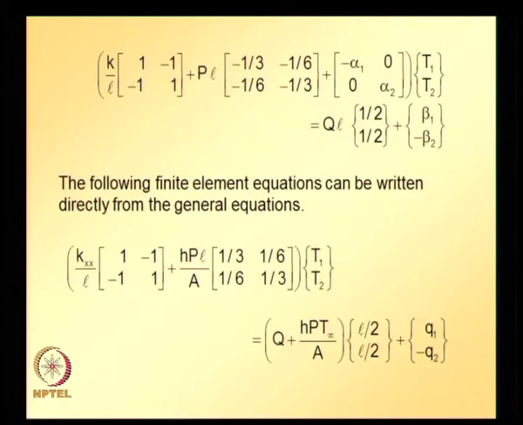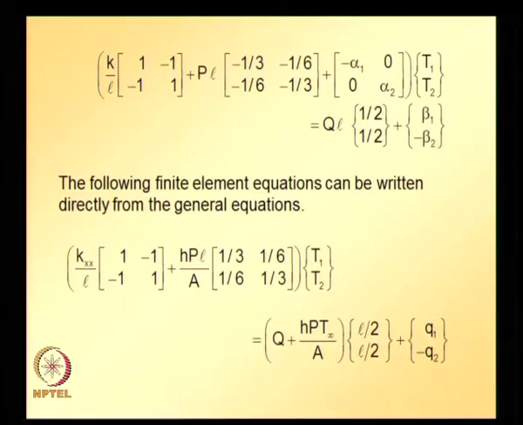So this is the element equation for the heat conduction convection problem if we adopt a 2 node finite element for discretization. Now let us look at the application of this equation by looking at a problem.